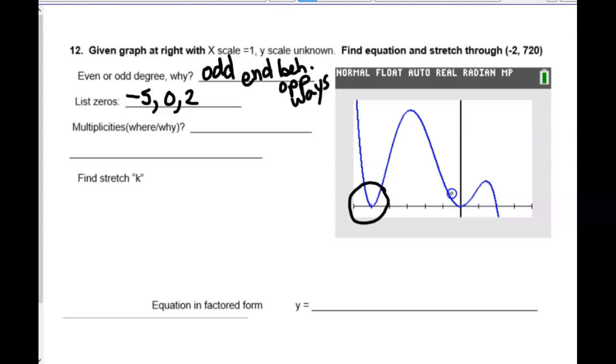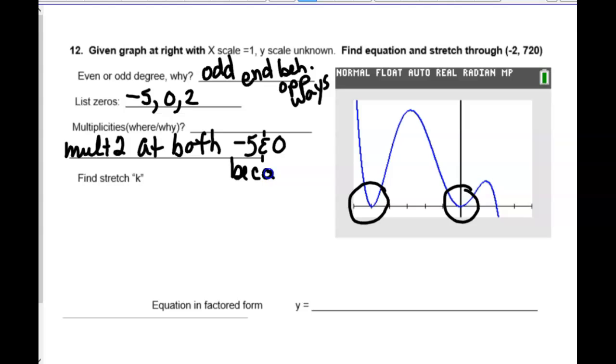It has to have an even multiplicity, and we don't want to use 4 or 6 because then we're going to get really funky answers at the end. Okay? It has even multiplicity, or you can say 2, at both negative 5 and 0, because the graph bounces.